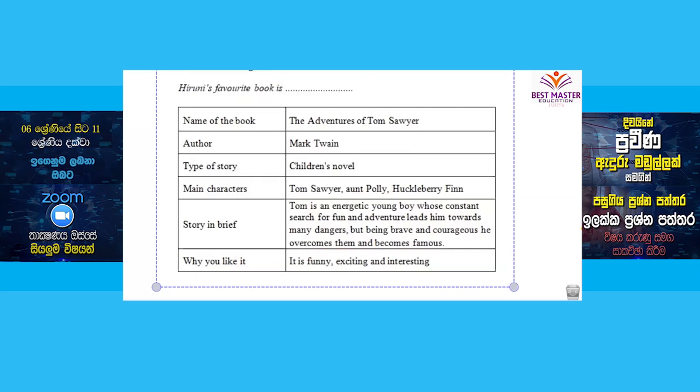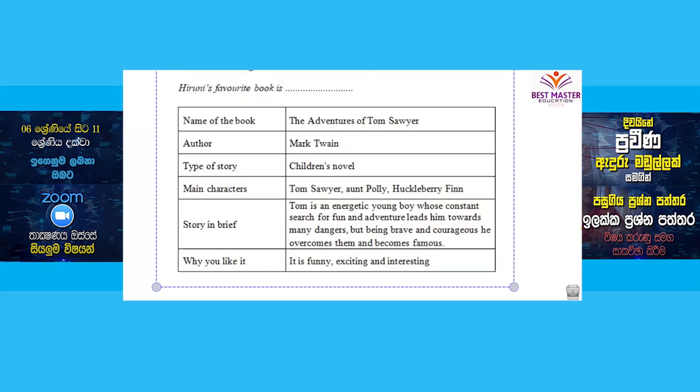Now, you can add these informations into your sentences. ඔබේ වාක්‍ය තුනට මෙන්න මේ තොරතුරු ඇතුළත් කළ යුතුයි. I'll give you a chance to write about Hiruni's favorite book. මම ඔබට අවස්ථාවක් දෙනවා.